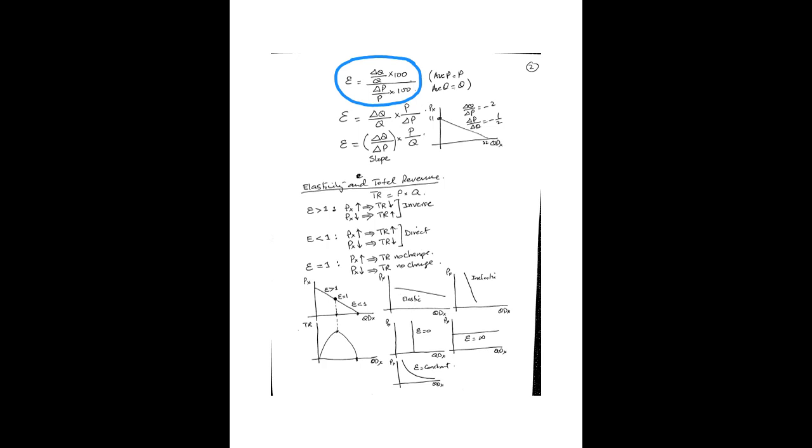So what I have done, see this. Okay, hold on. So see what I am doing. This change in Q and this change in P. Okay, I wrote here this change in Q and this change in P.